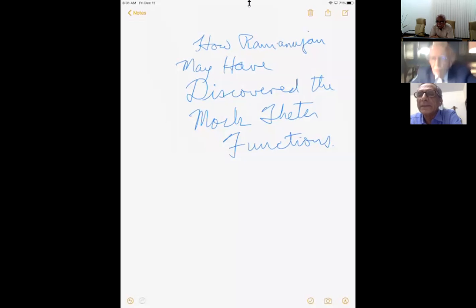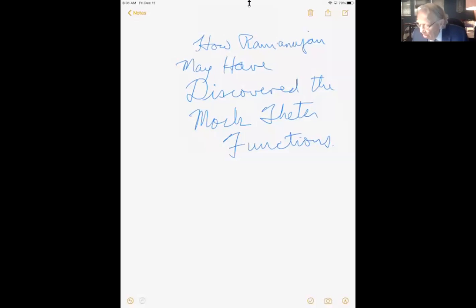Thank you very much. Thanks to the Ramanujan Mathematical Society. Thanks to the Rajagiri School of Engineering and Technology. I'm honored to be able to participate in this event honoring the memory of Srinivasa Ramanujan.